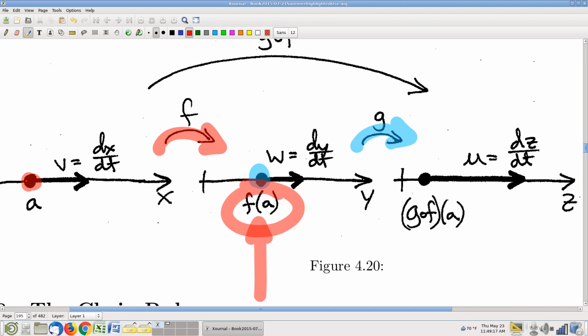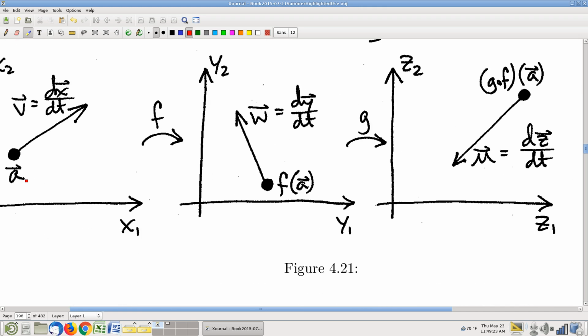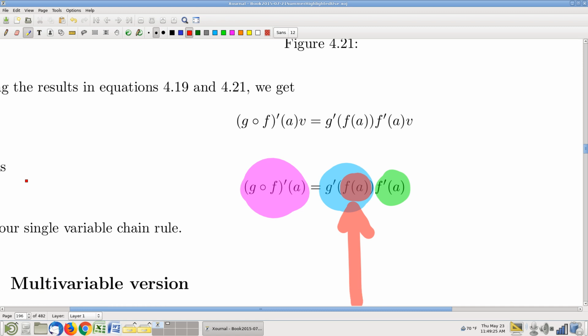G prime of F of A is natural. Okay. All right. So thus, the mysterious little F of A. That used to bug me when I was young. They never explained that to me, and of course, once I drew the picture, it makes sense. But anyway, okay. So let's do a multivariable version of this.